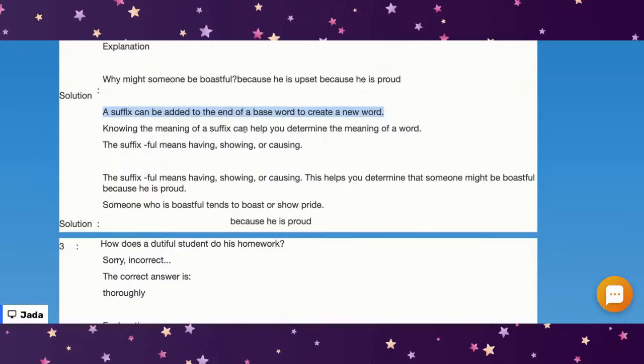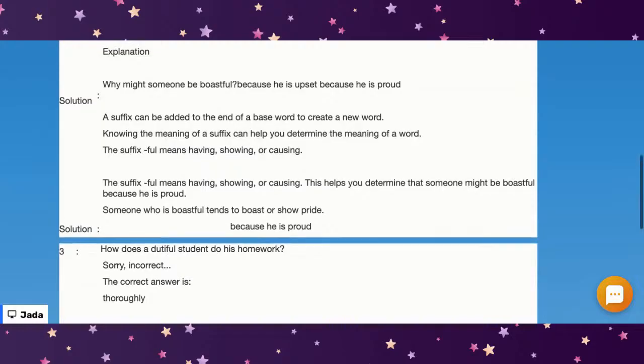The prefix is added at the beginning, but the suffix is added at the end. Knowing the meaning of a suffix can help you determine the meaning of a word. The suffix full means having, showing, or causing.